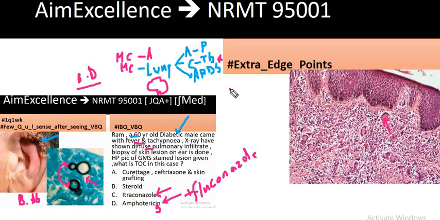Another organ it affects is bone, where it can present with features like acute osteomyelitis. It can also affect the testes, where it can lead to infertility-like conditions, and can also affect the prostate.